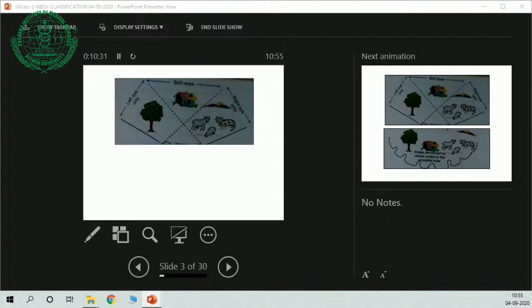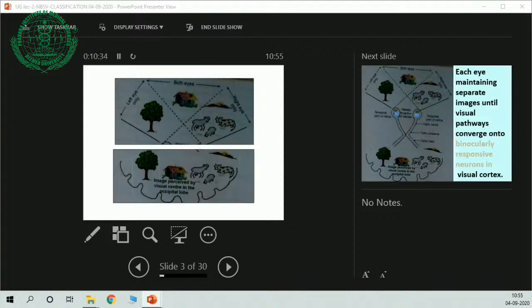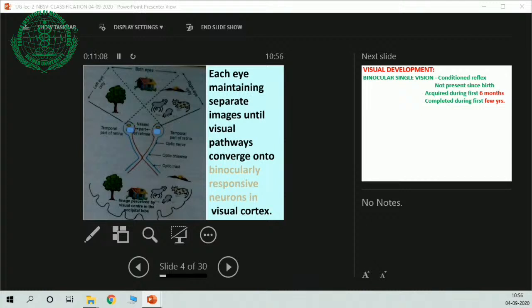However, the person perceives the image by the visual center in the occipital cortex, and simultaneously perceives that there is a tree, a house, animals, the sun rising and all those things. The person enjoys this whole image with both eyes, which in simple language we call binocular single vision, though dissimilar images fall on the two foveae of the two eyes.